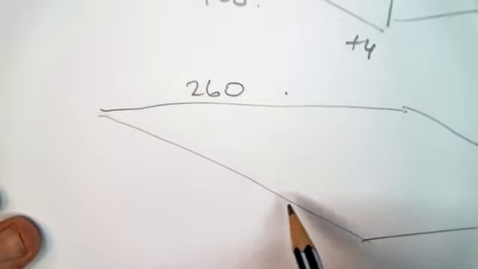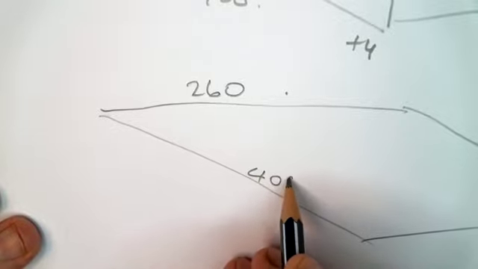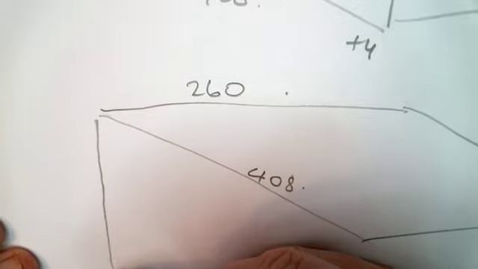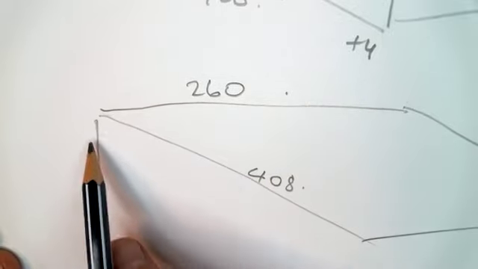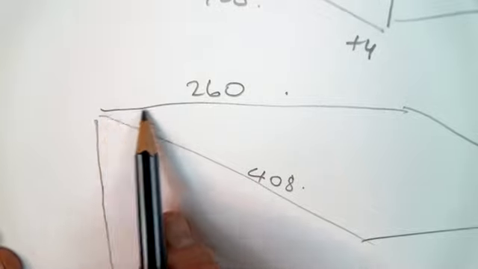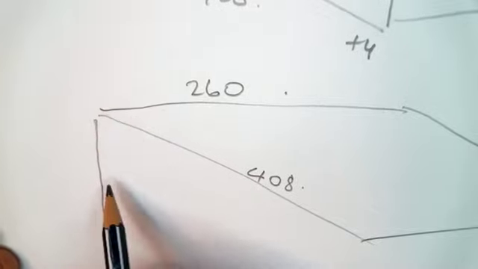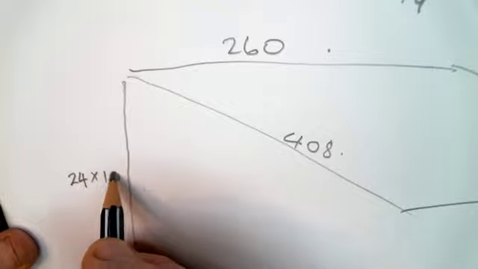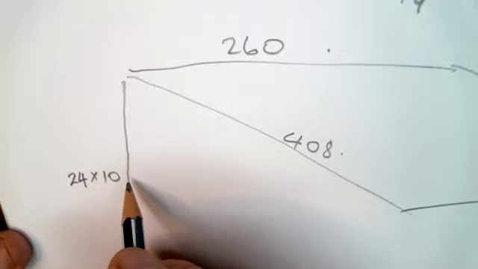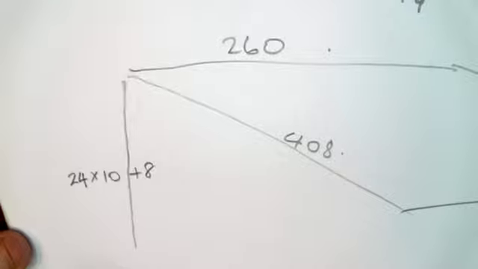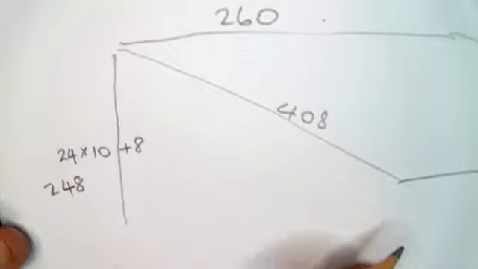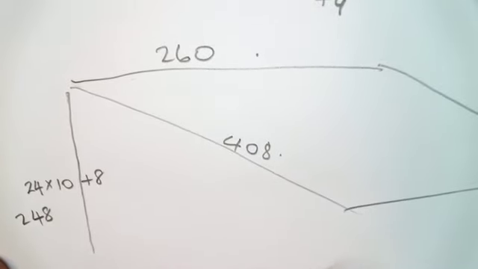And then you've got the width of it, which is going to be 408. Then, of course, you've got the depth. Now, this is where you've got to be a little bit careful, because along the side here, you've got to remember it's already 4 millimeters in there. But I think we can just simply go 24 times 10, and we're going to add plus 8 onto the whole thing. So you've got 240, 248. So let's see how we go with that. So I think that's going to be the external of the box.